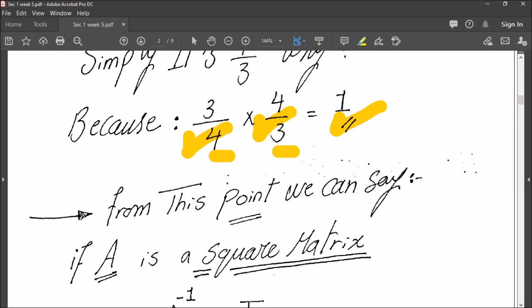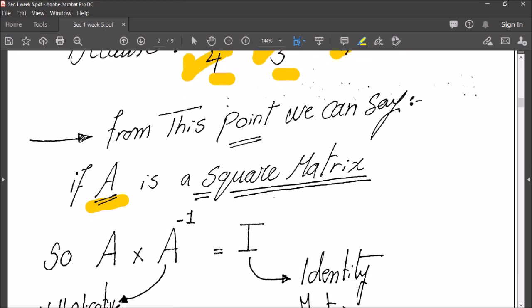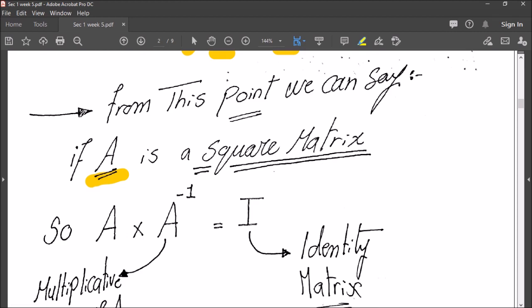So we get the 2 by 2 inverse matrix, not 3 by 3, not 4 by 4, only 2 by 2. So if A is a 2 by 2 matrix, A multiplied by its inverse, which is denoted by A to the power of negative 1, the result will be 1.